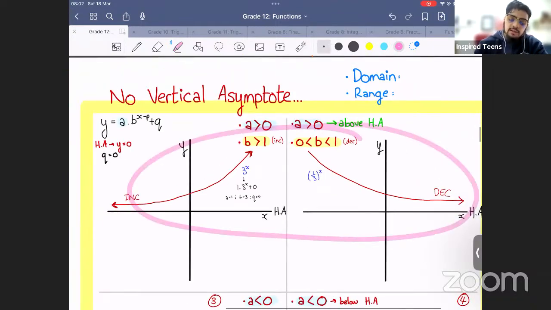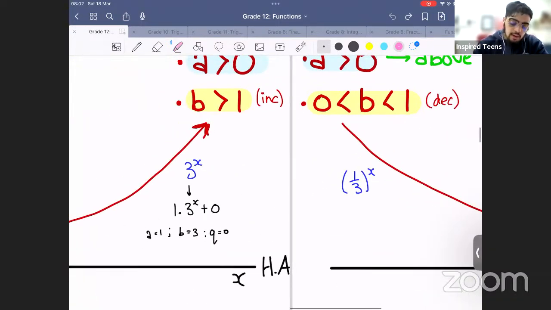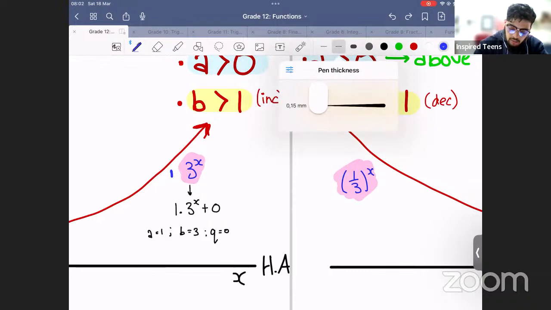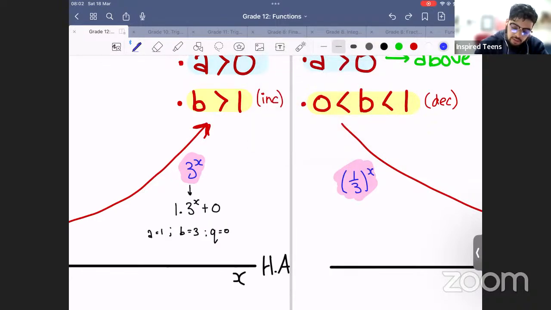So when we look at our examples for the actual functions, we have 3 to the power of x and 1 over 3 to the power of x. Both have positive coefficients, so this is almost like positive 1, and here we also have positive 1 in front.